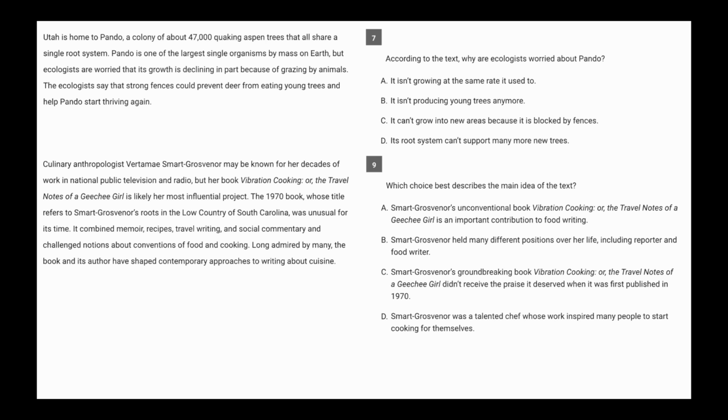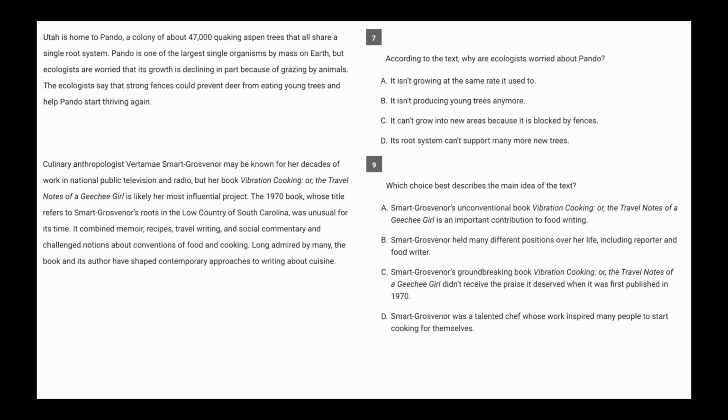But let's look at B. Smart-Grosvenor held many different positions over her life, including reporter and food writer. Well, yeah, she did hold many different positions, but is that the main idea of the text?